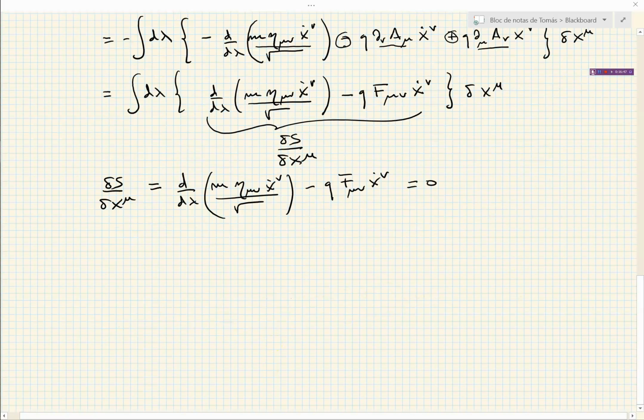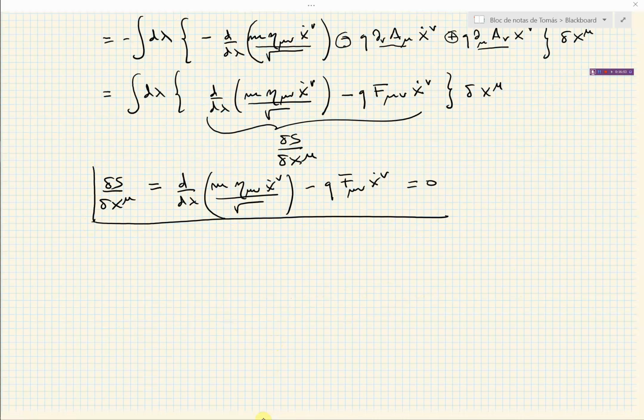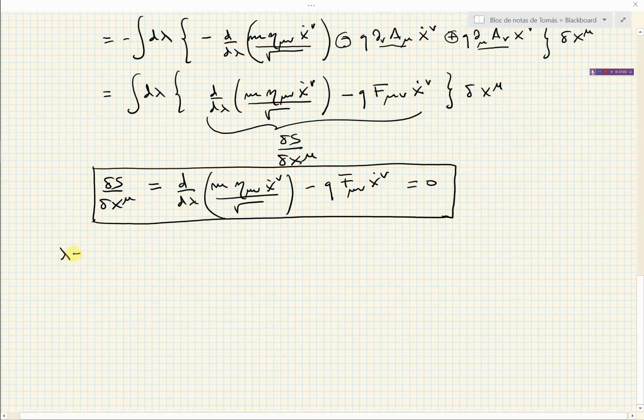Now, in order to compare with the second law of dynamics, we need to rewrite this in a convenient form using the proper time as a parameter.